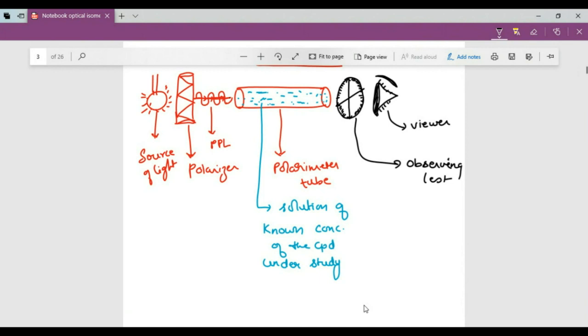So when our PPL comes through, first we set our polarimeter at the start without the solution.